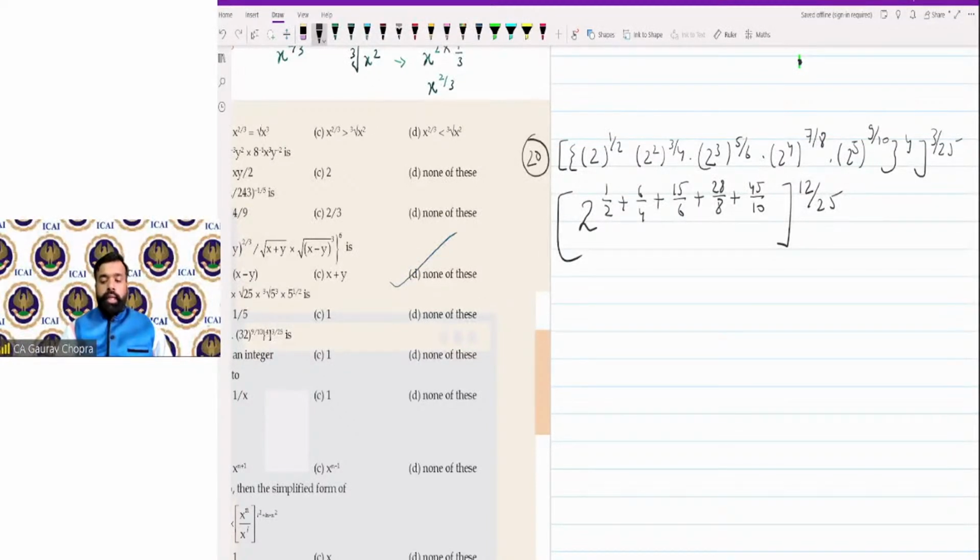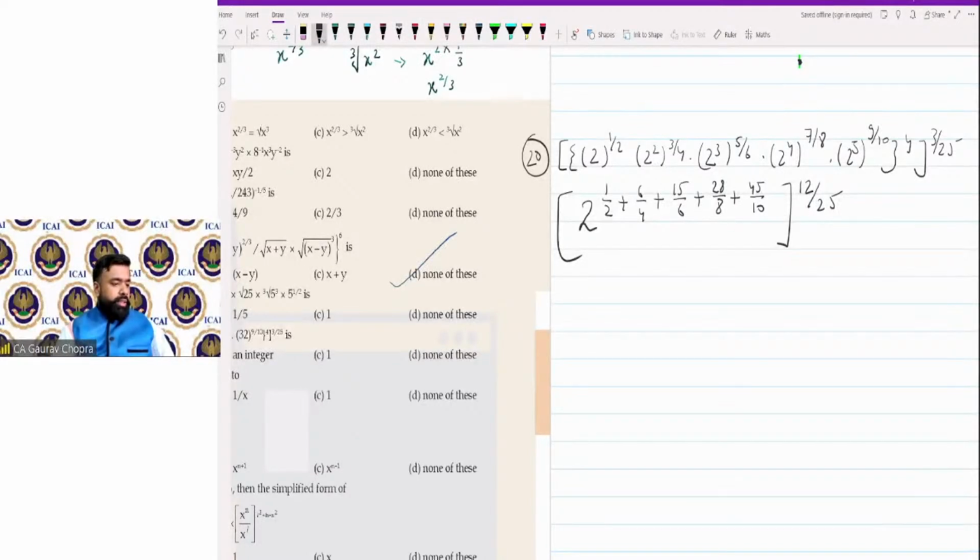What will be the LCM of 2, 4, 6, 8, and 10? That's very easy.